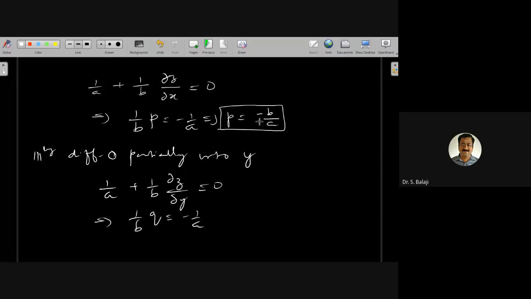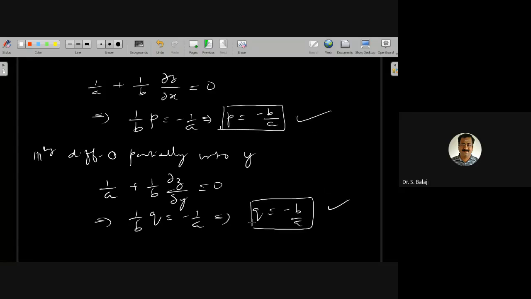Similarly you can get q is also minus b by a.